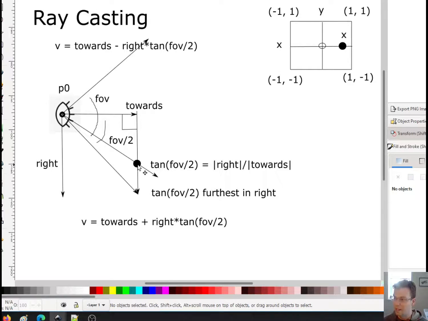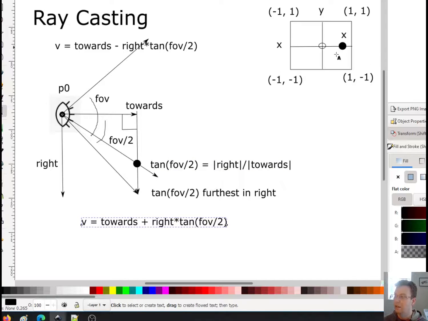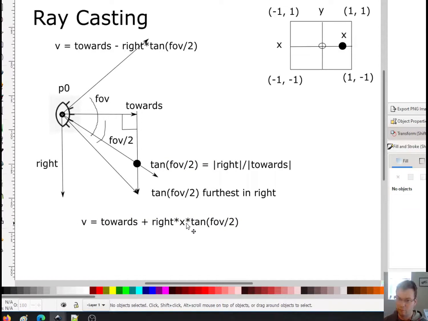I know that when you're at 1, the vector is going to be towards plus right times tan of field of view over 2. But for a general pixel anywhere from right to left, it's going to be right times x times tangent of field of view over 2, where x is some number between -1 and 1.